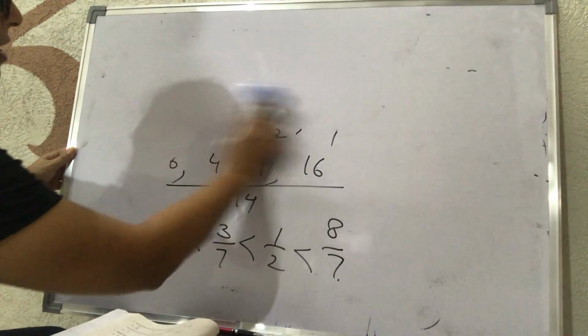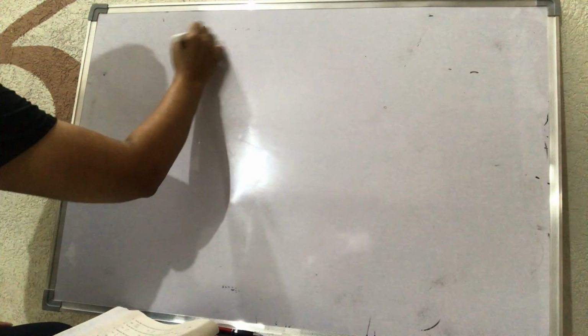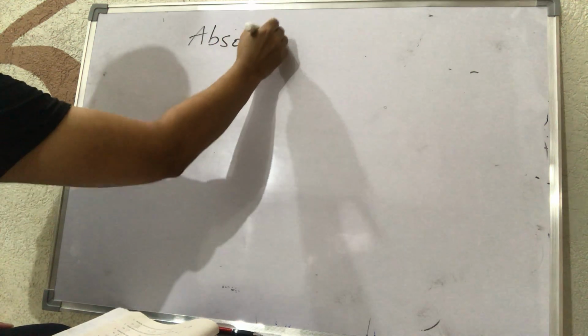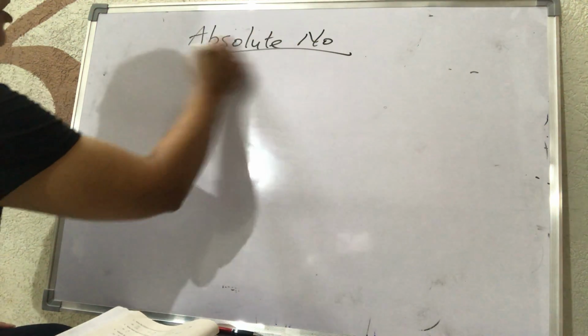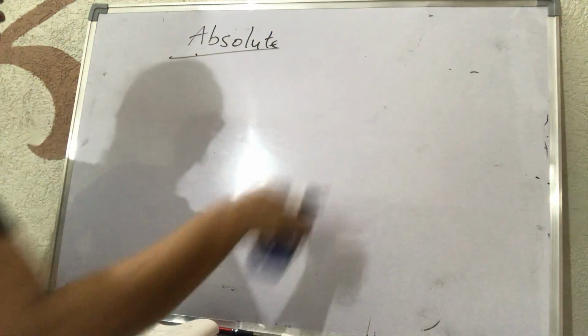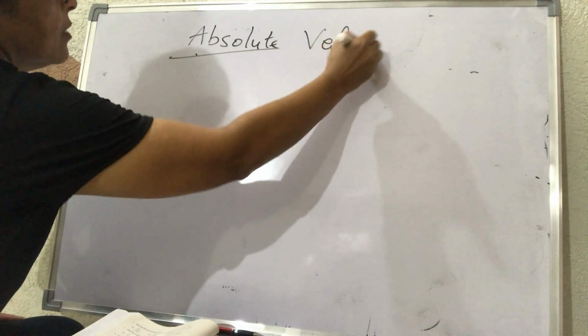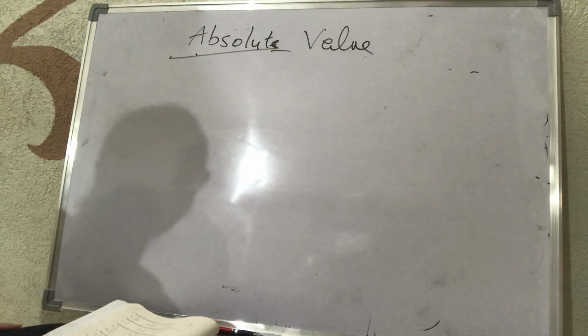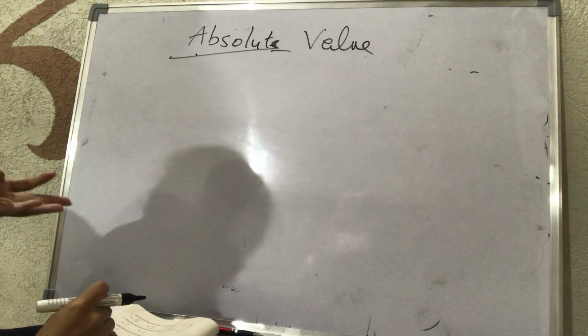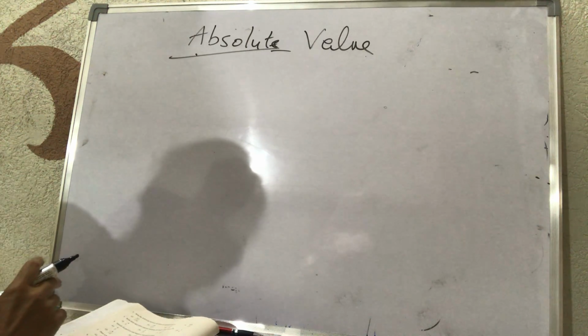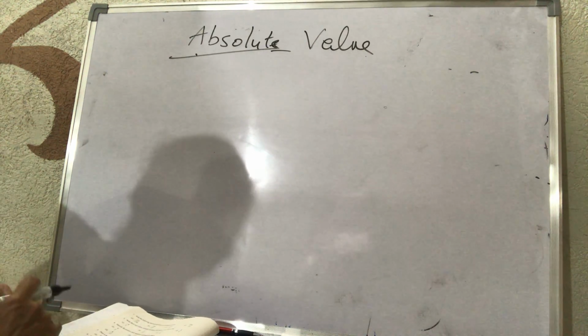Now the next topic is absolute value. In the integers chapter, we have done the absolute value. The absolute value of any number is always positive, whether it is an integer or a rational number.